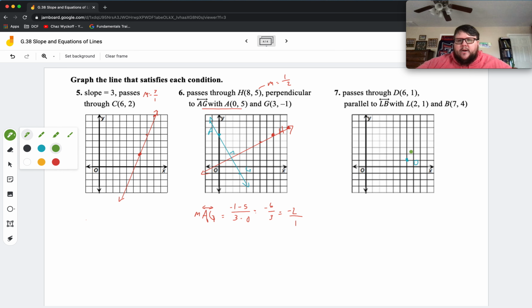Now I'm going to do L is 2, 1. L. And B is 7, 4. So 6, 7, 1, 2, 3, 4. And that's B. I'm going to go ahead and draw that line.